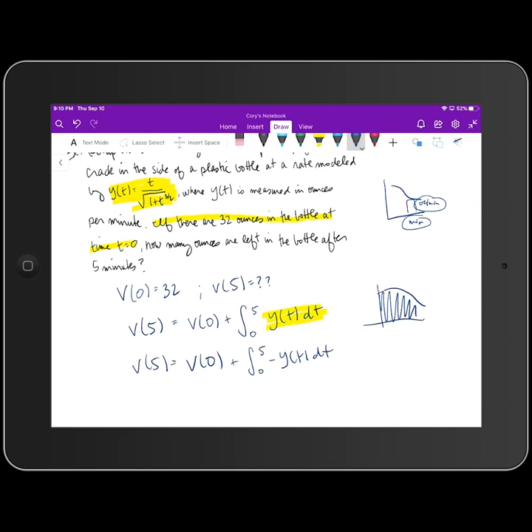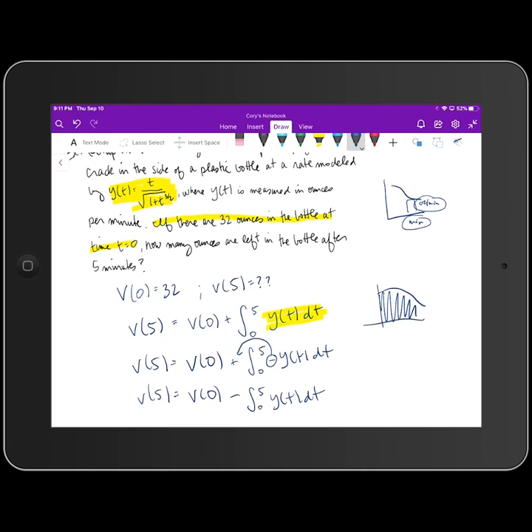And that's one way to set this up. The other way to set this up is to take that negative and pull it out front of our integral, which would make V of 5 equal to V of 0 minus the integral from 0 to 5 of y of t, which we're integrating with respect to t.